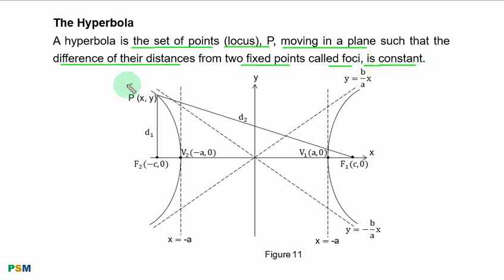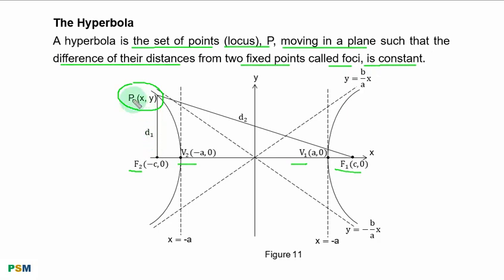You have point P on the plane, you have the two foci, F1 and F2, you have the vertices, V1 and V2.